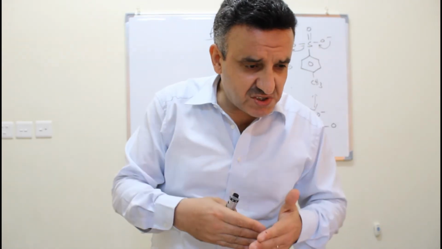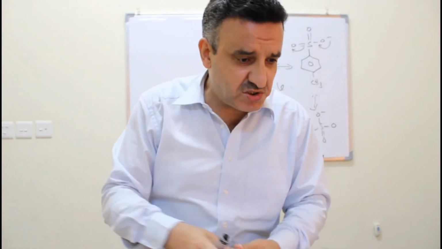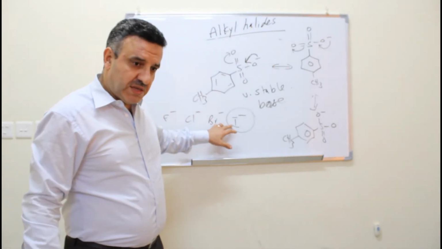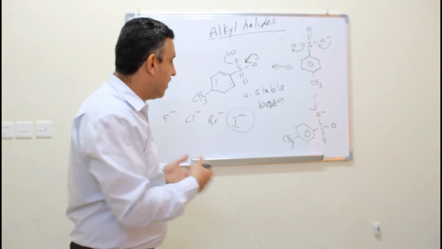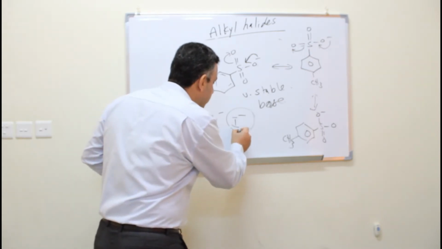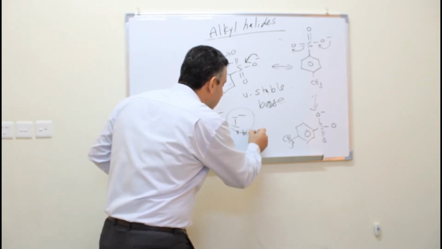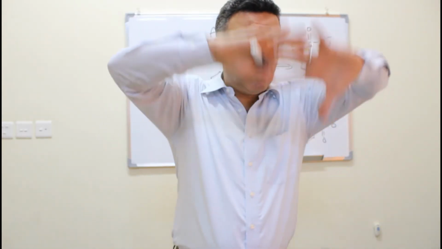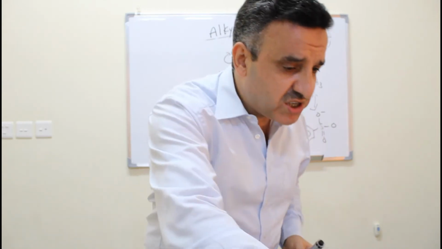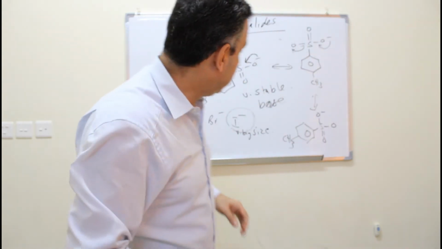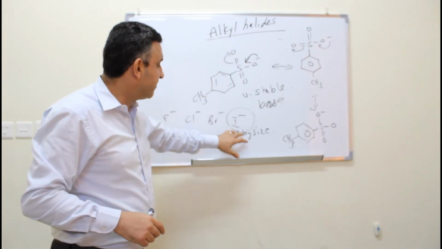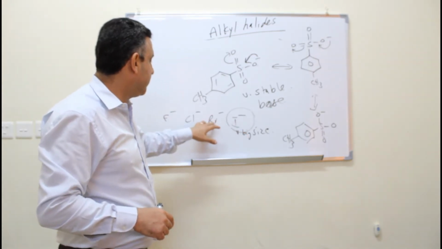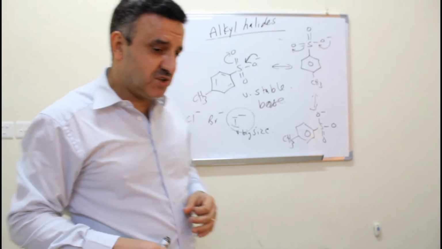Why is the negative charge on iodine highly stable? Because of delocalization, definitely. How? Because iodine is very big in size. So the negative charge will be delocalized over a very large size, and therefore I minus, which has a much larger size compared to Br minus, will be more stable compared to Br minus, Cl minus, F minus, and so on and so forth.